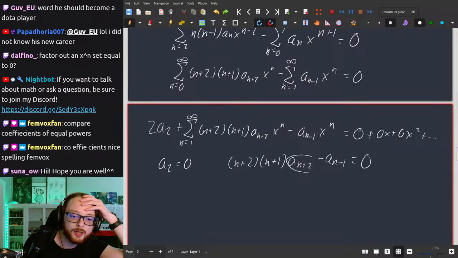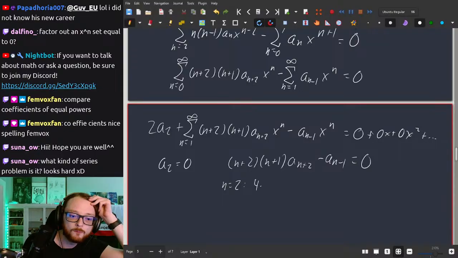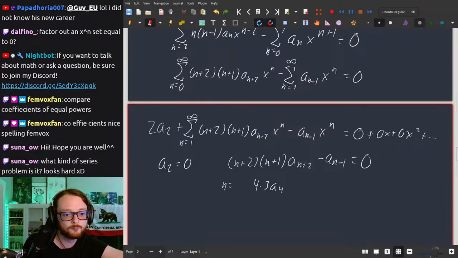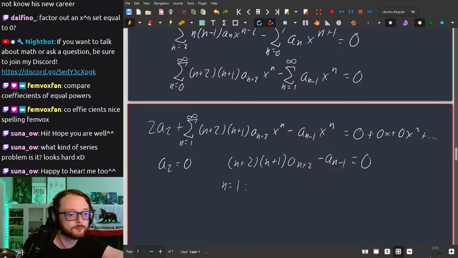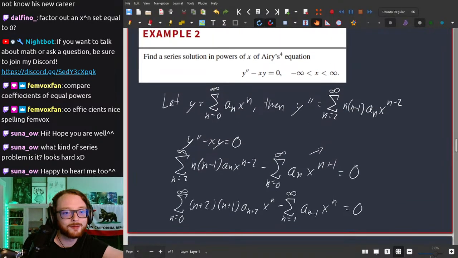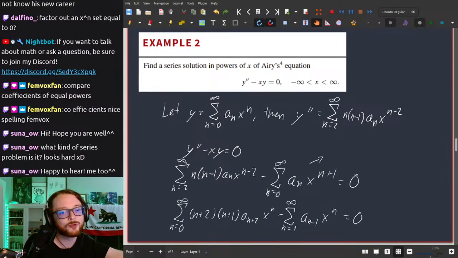Actually, no, I want to get a 4. So I'm going to let n equals 2. Four times 3 times a4. Wait, do I want a3? I'm trying to remember how series solutions to differential equations work.